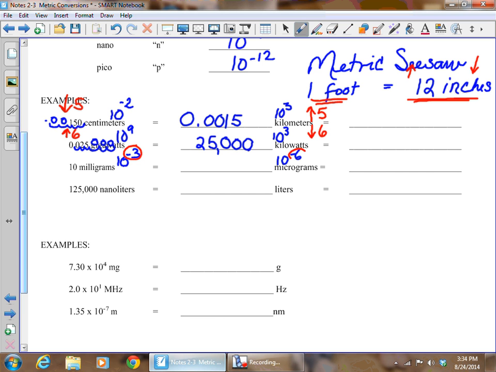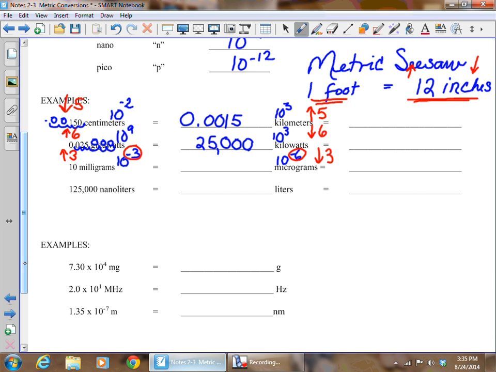Now be careful. People tell me all the time that the unit just got bigger by 3. No, it didn't. Negative 3 to negative 6 on a number line means you just got smaller by 3 places. So smaller by 3 places for our unit. Metric seesaw says then I better get bigger by 3 places for my number.